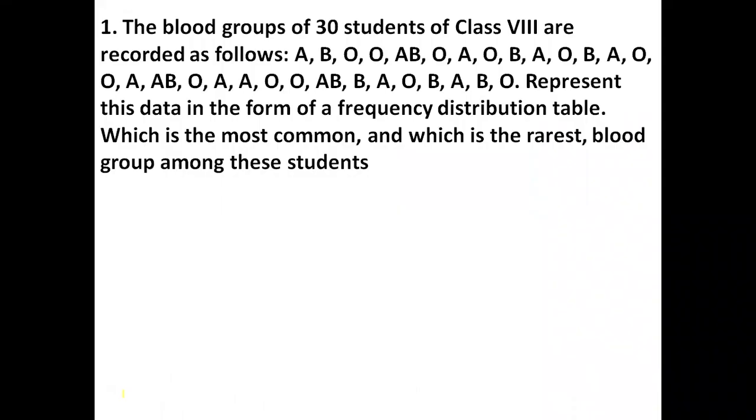The first problem: the blood groups of 30 students of class 8 are recorded as follows: A, A, A, B, O, O, A, B, O, A, O, B, A, O, B, A, O, O, A, A, B, O, A, O, O, A, B, B, A, O, B, A, B, O. Represent this data in the form of a frequency distribution table.